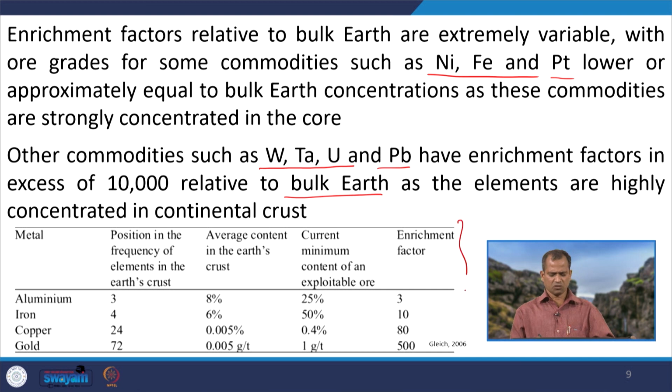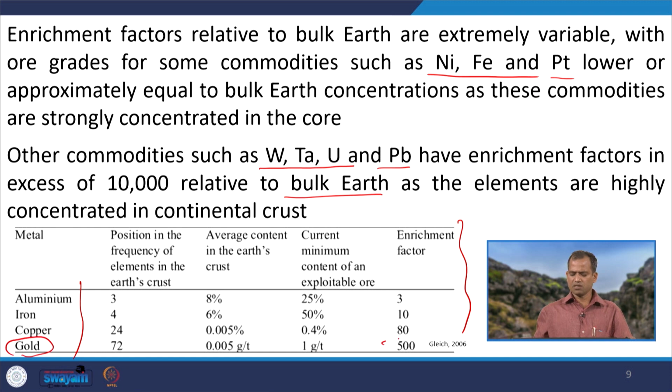Here the enrichment factors of some common minerals are given. Here you see gold: we need a 500 enrichment factor. So, the bulk crustal distribution is not enough. Someone should be there who will enrich the gold 500 times compared to this global distribution, so that we can extract it economically.